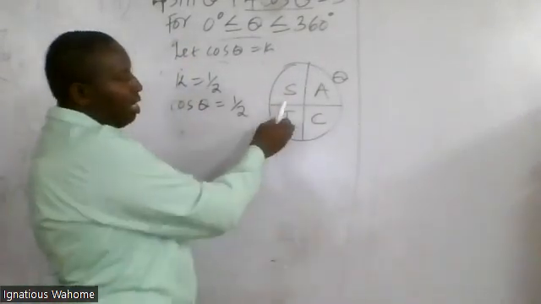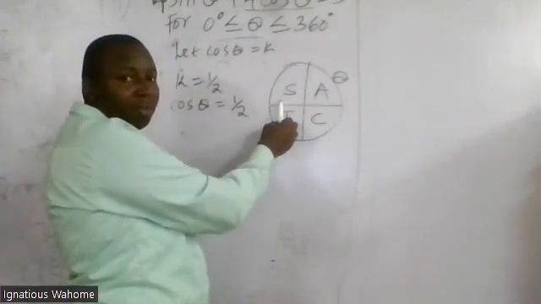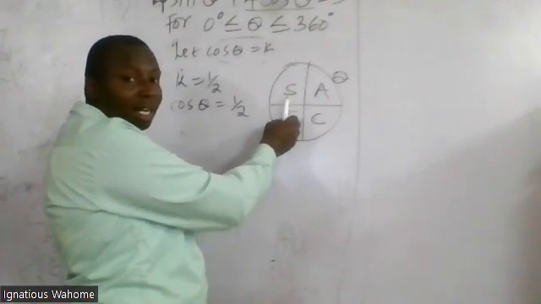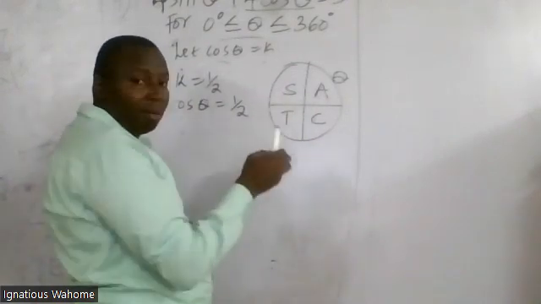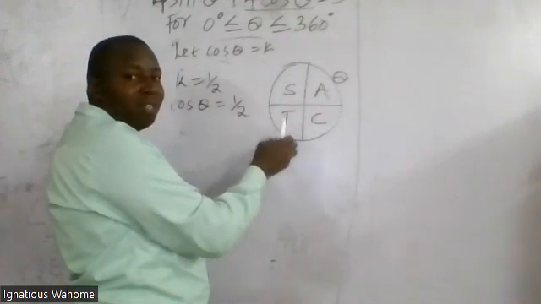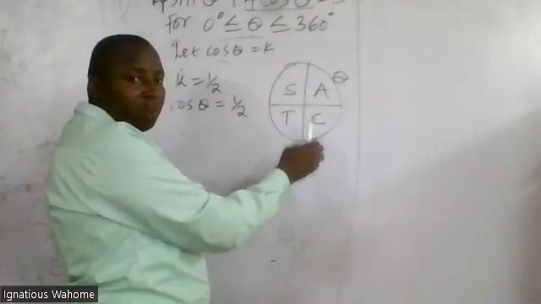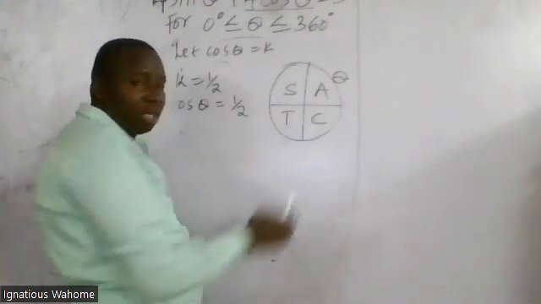Then sine is positive between 90 and 180, while cosine and tangent are negative. The third one is tangent, which is positive in the third quadrant. And cosine is positive in the fourth quadrant.